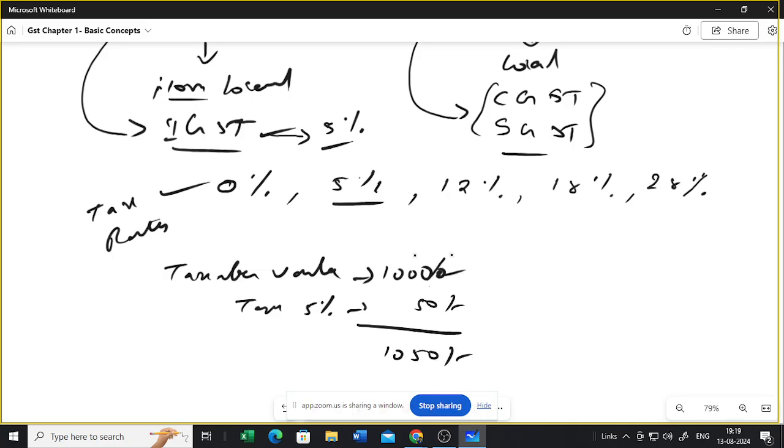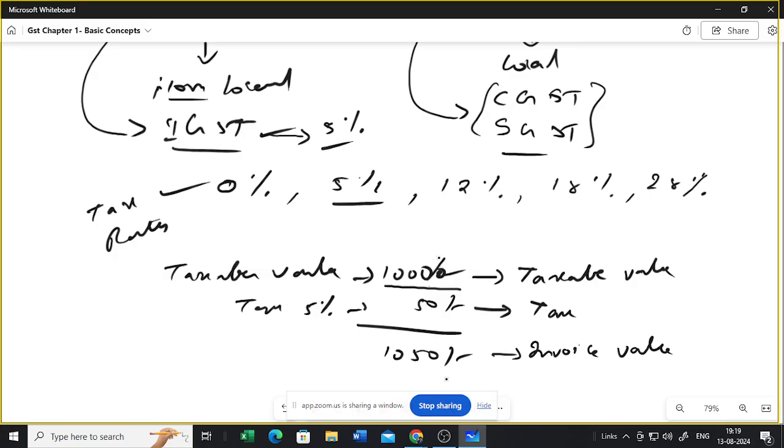Now how do we call these in our accounting language? In GST, this 1,000 rupees we call the taxable value, this 50 rupees we call the tax amount, and this 1,050 we call the invoice value.